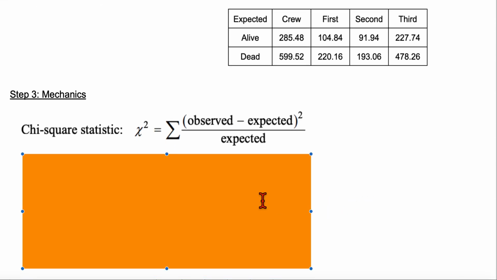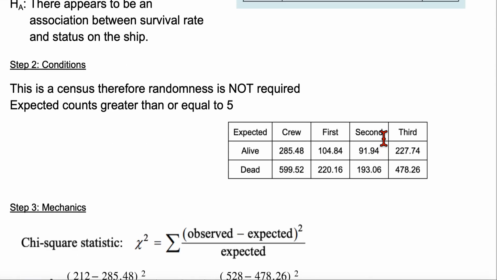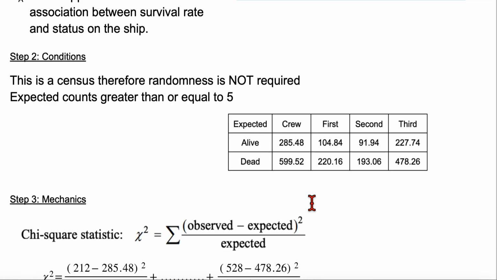So we're going to plug into that formula. And again, we just need to show that we understand how to plug into this formula to get full credit. So I used the first observed value, which is right up here in the table, 212. I subtracted from it the first expected value, 285.48.